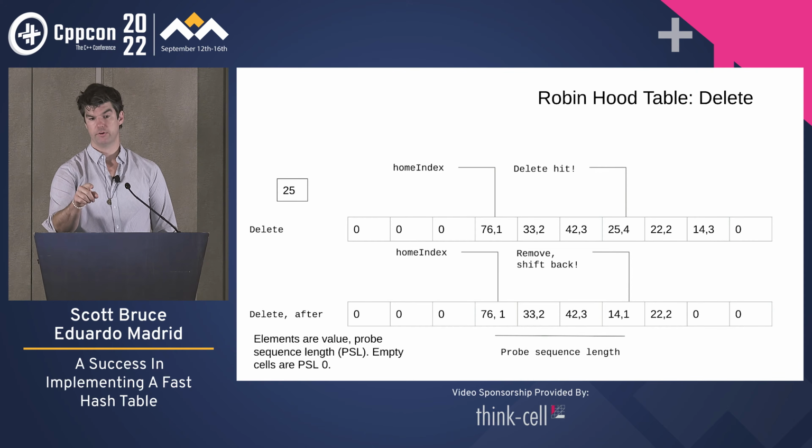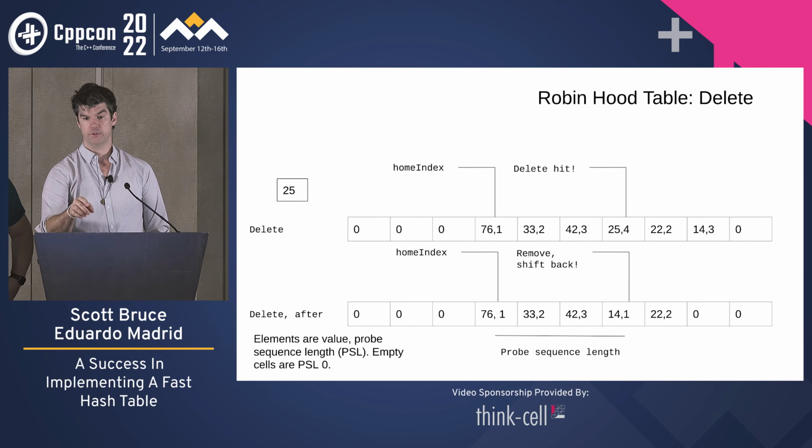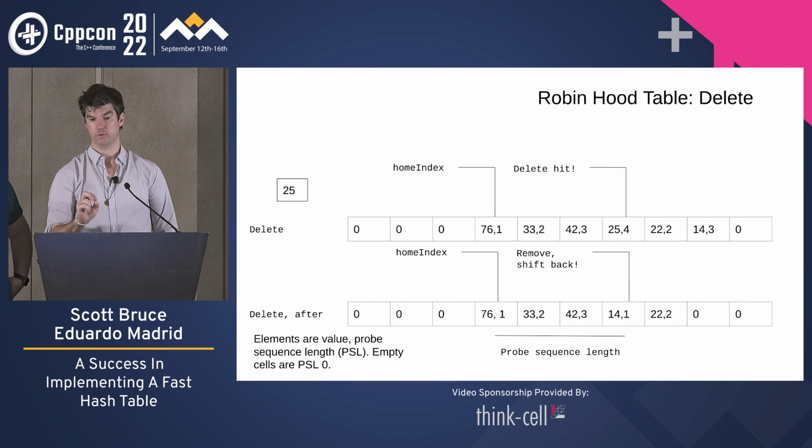So here, removing the 25, 4 element results in moving, that slide is an error, I apologize. That should be 22, 1, 14, 2. It results in moving those 2 elements back, like shifting them left 1 space, and then decrementing their probe sequence lengths. The general idea is that you move them closer to their home because a new position became available.